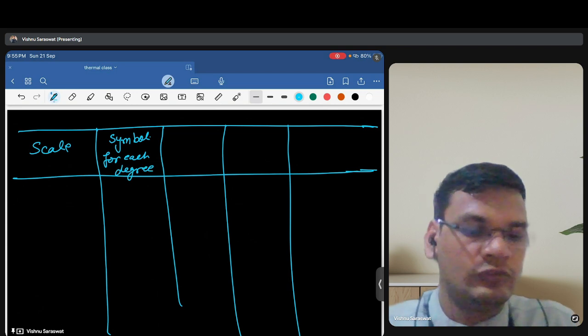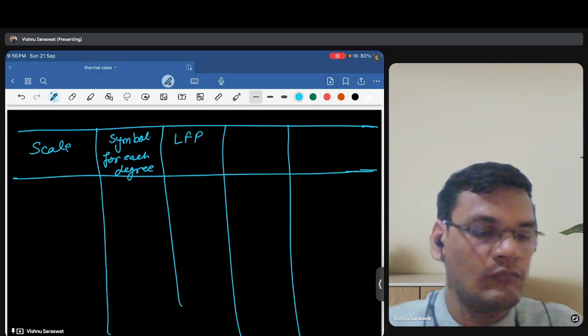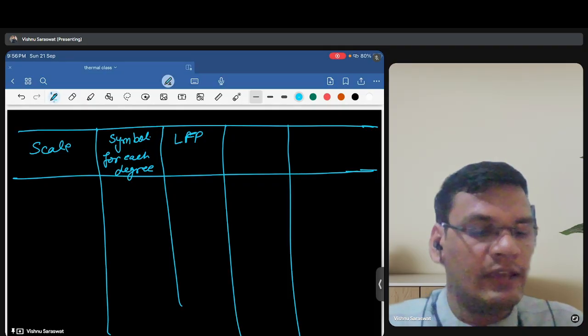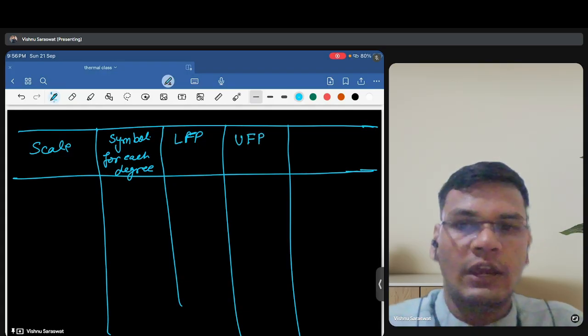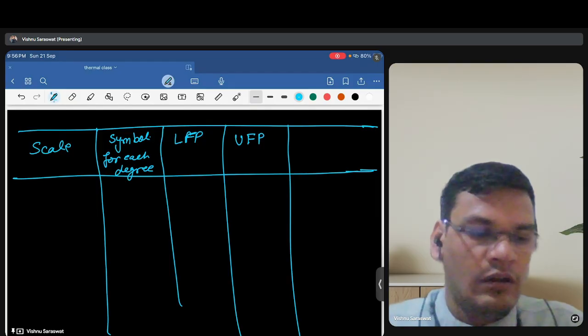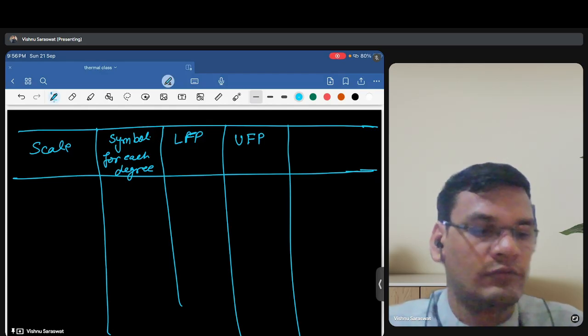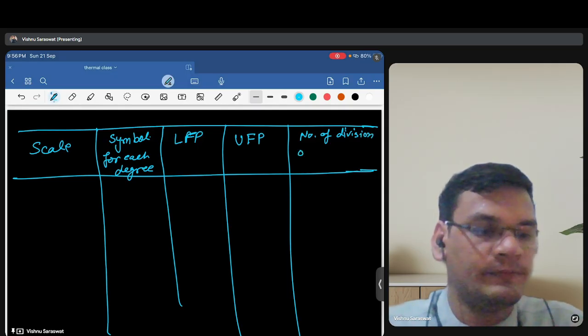The third column shows the lower fixed point, and the next column shows the upper fixed point, and the last column shows the number of divisions on the scale.